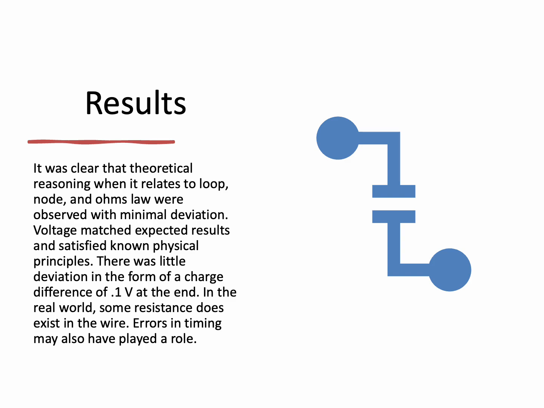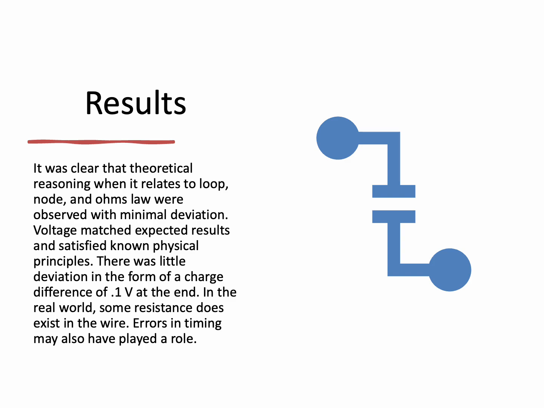There was a little deviation in the form of that charge difference of about 0.1 to 0.2 at the end, but we can attribute this to the fact that there is going to be some resistance in those wires as well as the ammeter, because this is the real world. There's also going to be some human error, and errors in timing that weren't exactly accurate. All of these contribute to why that total potential change wasn't exactly 0 by the end of our measurements.